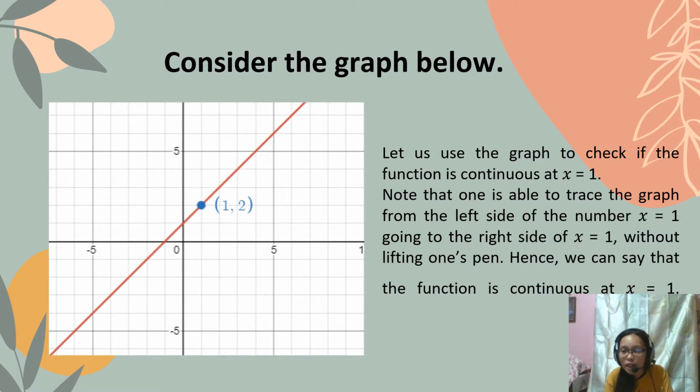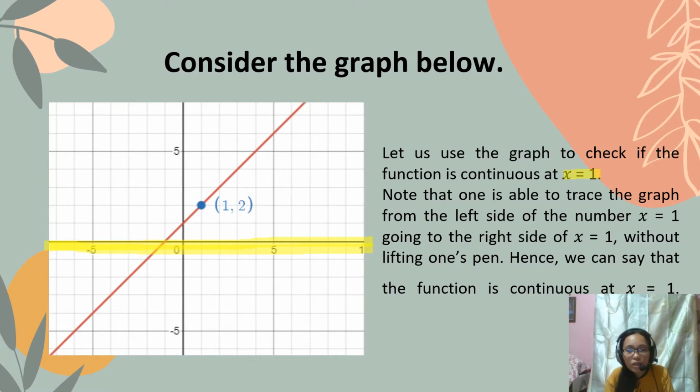So where is our x-axis? Obviously this is our x-axis. I'll try to highlight this with yellow, the horizontal line here. This is our x-axis. We have here x equals 1.